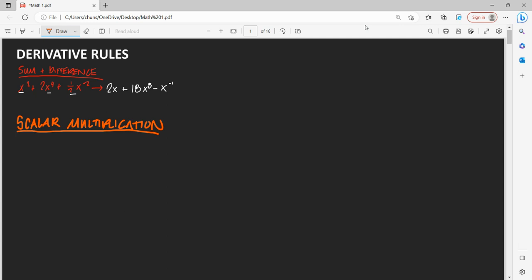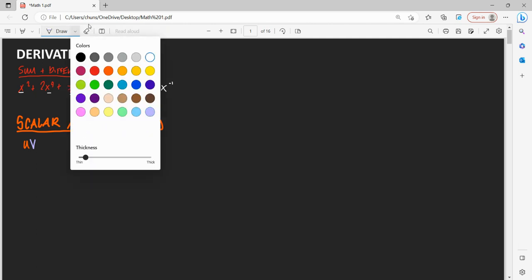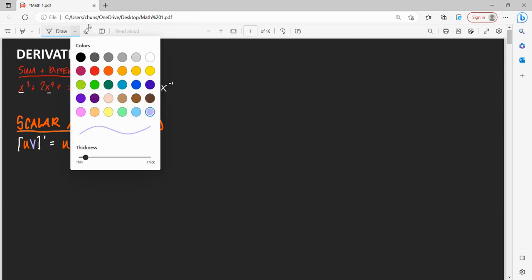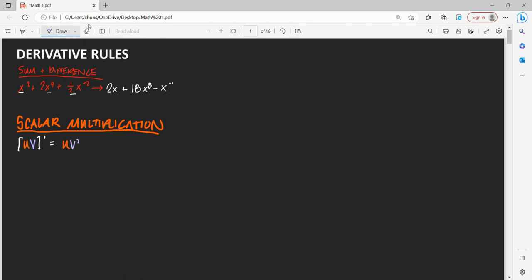So this is saying if we had u and v multiplied, u multiplied by v, and we wanted to take the derivative of that, we would have the first term times the derivative of the second term, and that's plus the second term on its own times the first term's derivative. All right, so that is our scalar multiplication rule.